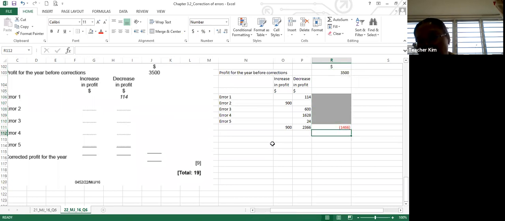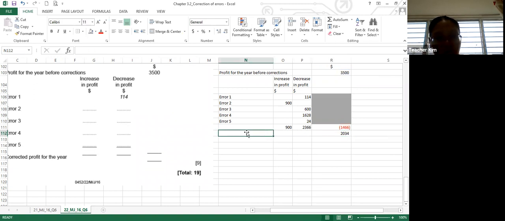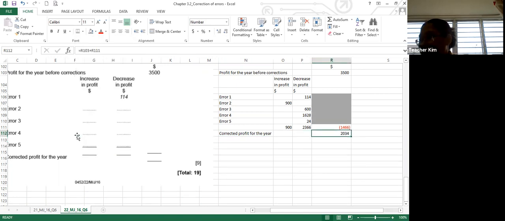So we take this amount minus this amount, and we get the revised profit. So this is our corrected profit for the year, 2034.